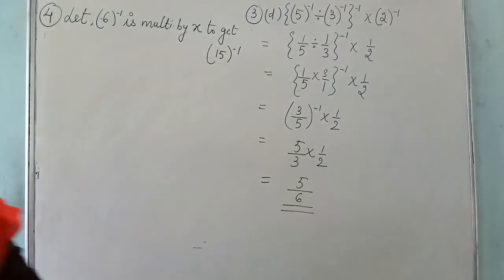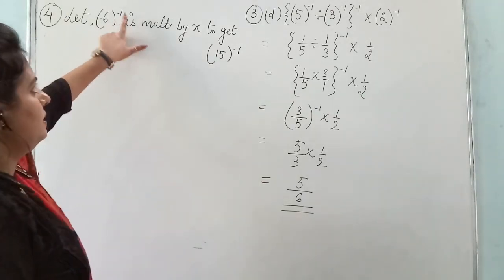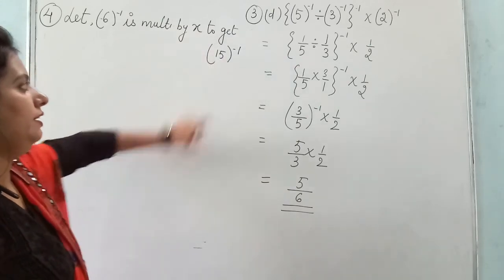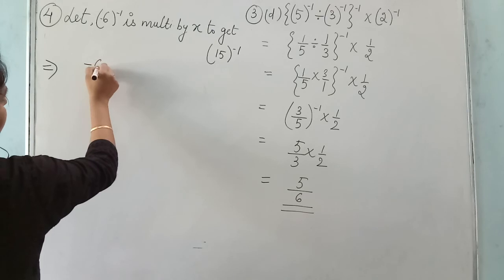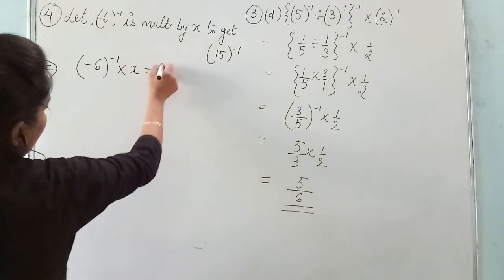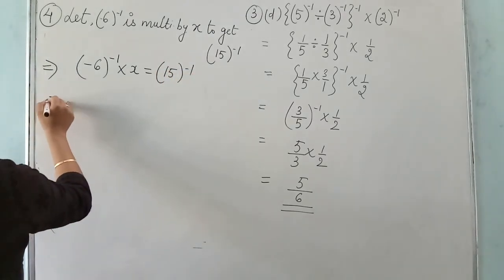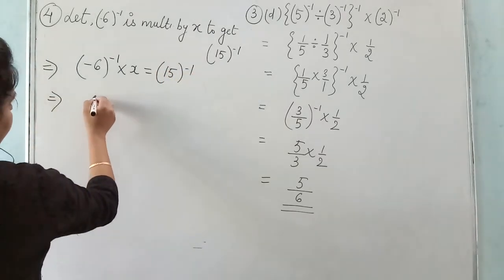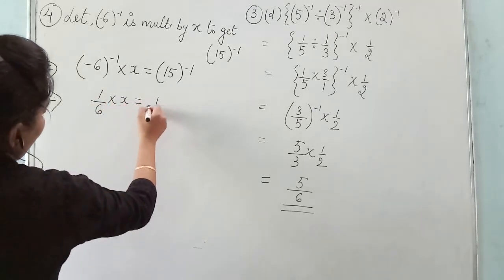So here we are supposing that minus 6 raised to the power minus 1 is multiplied by x to get this. So what will our equation be? Minus 6 raised to the power minus 1 into x is equal to 15 raised to the power minus 1. This implies that 1 by 6 into x is equal to 1 by 15.